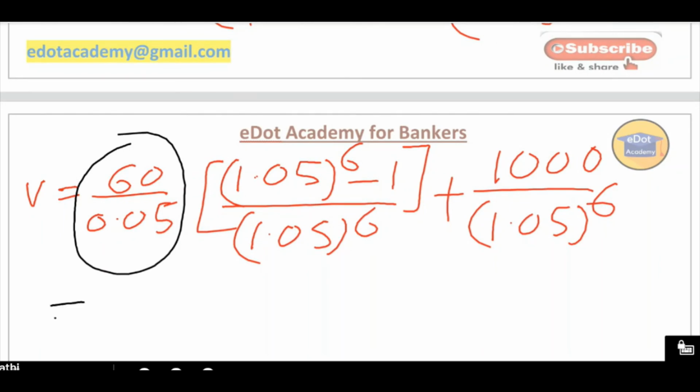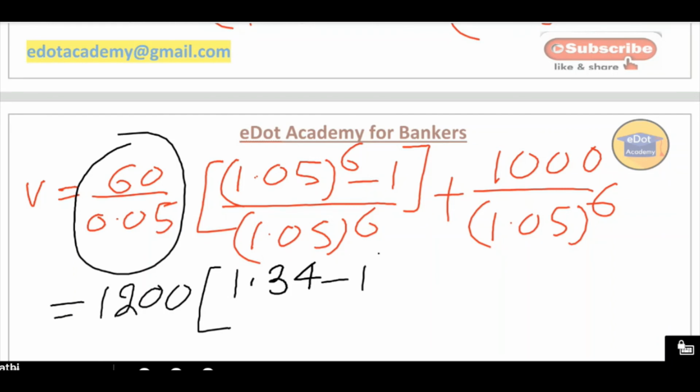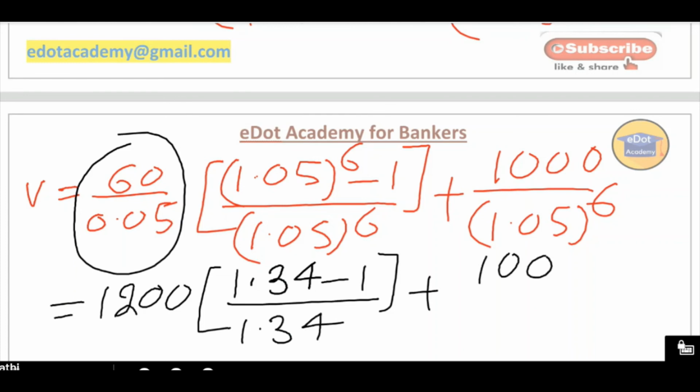You'll get 1200. So the approximate value I'm writing here is 1.05 to the power 6 equals 1.34, giving 1200 times (1.34 minus 1) divided by 1.34, plus 1000 divided by 1.34.